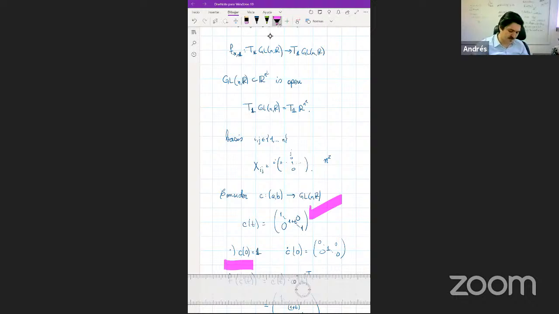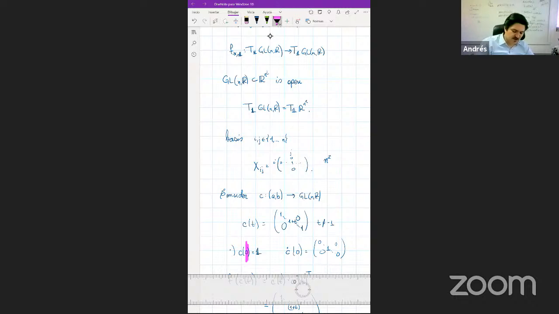All right, I know why. This curve has to lie in the non-singular matrices. So the determinant has to be non-zero. That means I just need t to be different than minus 1. Otherwise, the curve will go outside of GL_n. But again, I only care about a neighborhood of 0.